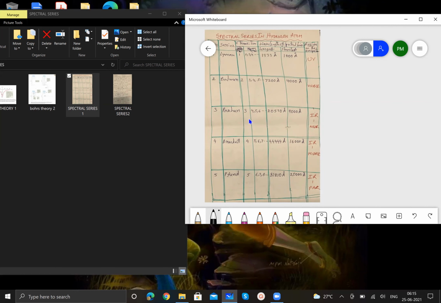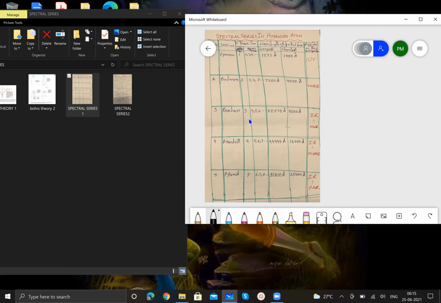Then the Paschen series, from 4, 5, 6 to the 3rd orbit. 20,570 angstrom units is the longest, 9,000 angstrom units is the shortest. So it is present in the near infrared. Then we have Brackett, from the 5, 6, 7 orbits to the 4th orbit. 44,444 angstrom units is the longest, and 16,000 angstrom units is the shortest.